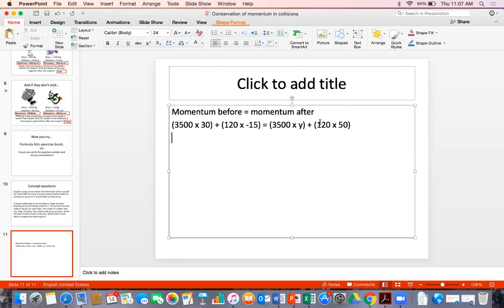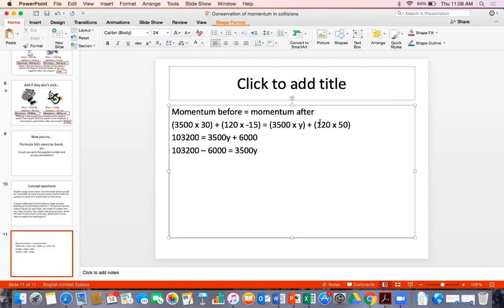So now 3,500 times 30 plus 120 times negative 15 is 103,200. That equals 3,500y plus 6,000. And then you use maths: 103,200, bring the 6,000 to the other side, equals 3,500y. What do you get? 27.8.